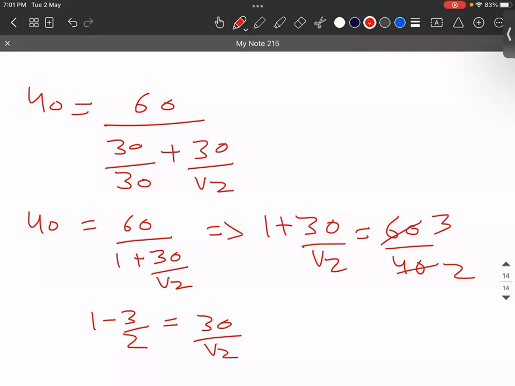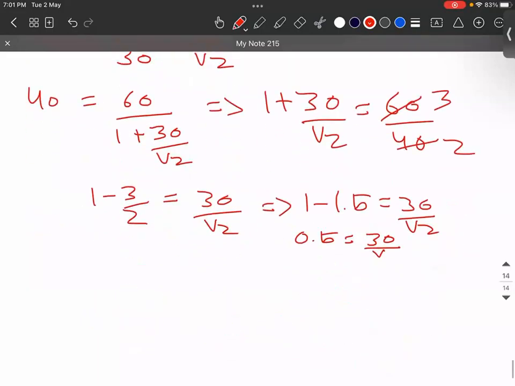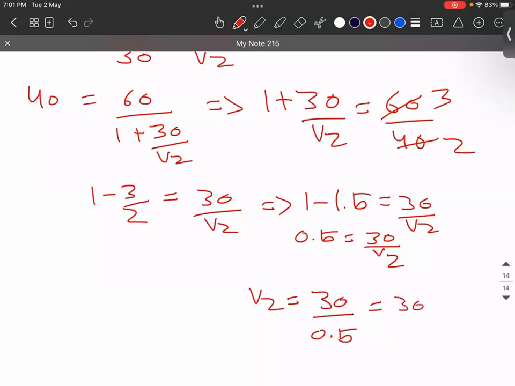What is 3 by 2? It's 1.5. So 1 minus 1.5 is 0.5. So V2 will be equal to 30 divided by 0.5, and 0.5 is nothing but half. So 30 by 1 by 2. Is that so difficult?